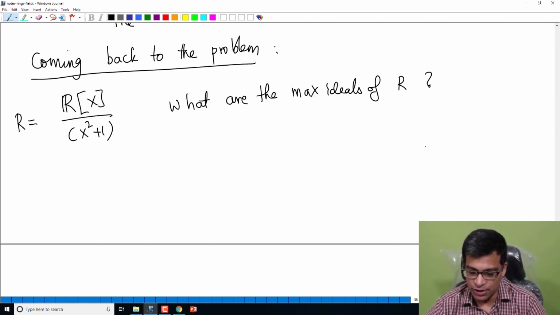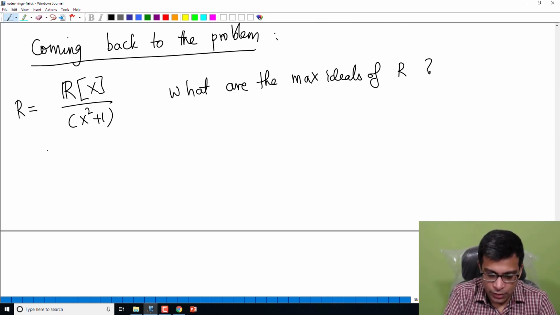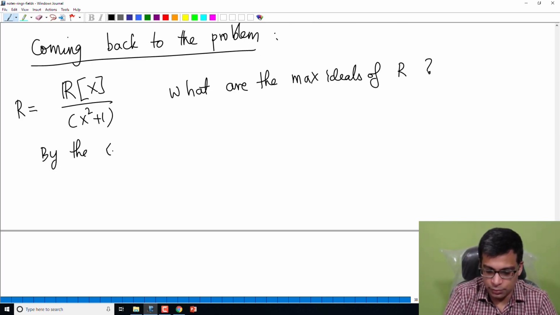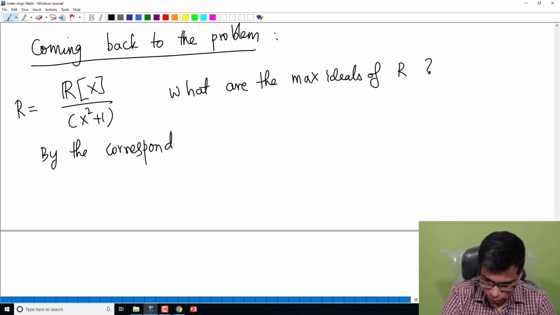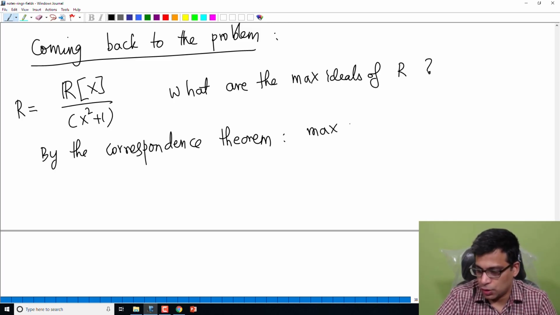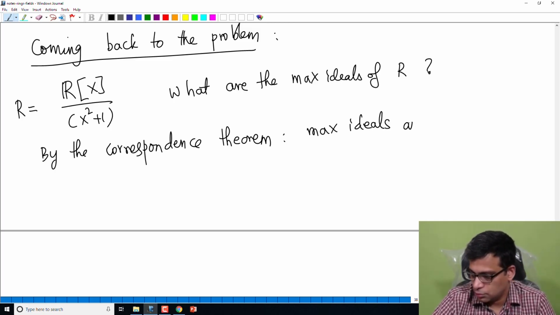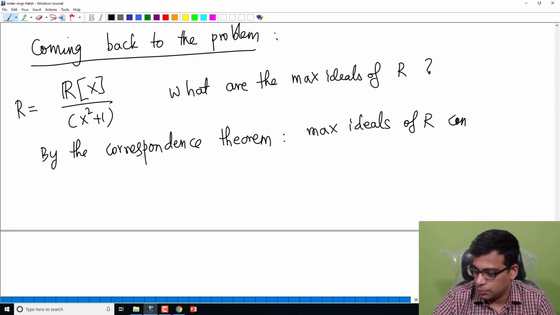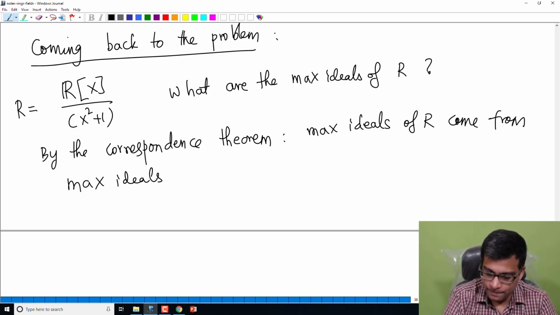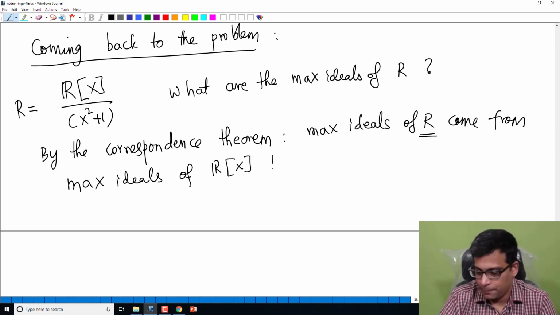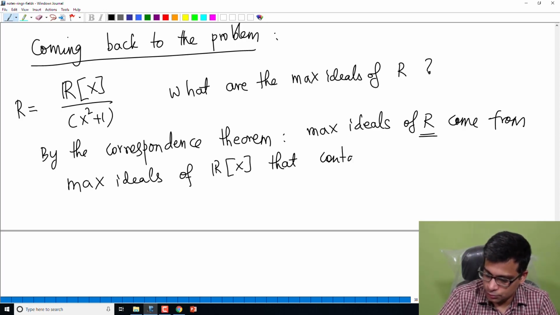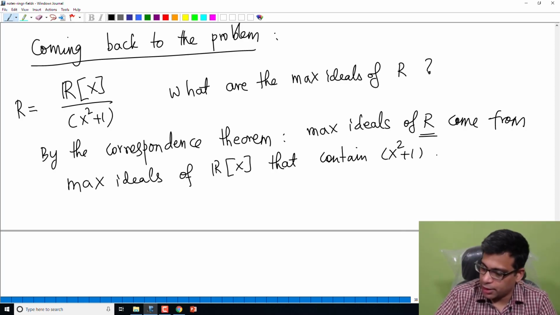As we agreed by the correspondence theorem, maximal ideals of R come from the maximal ideals of the polynomial ring R[x] that contain the ideal generated by x squared plus 1.